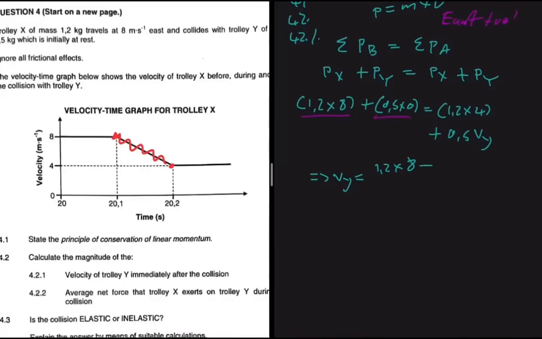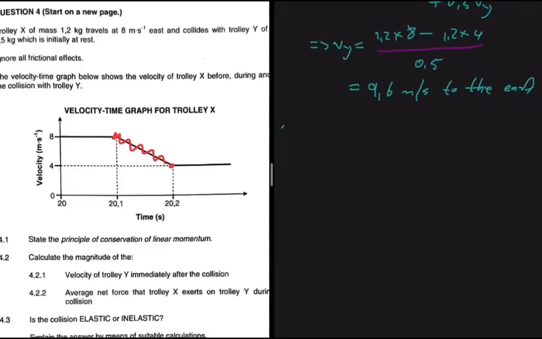And then minus this here, which is just 1.2 multiplied by 4, and then everything divided by the coefficient of Vy, which is 0.5. So if we put that in our calculators, we shall get Vy is equal to 9.6, right? We take direction to the east as positive, so this will be 9.6 meters per second to the east, right? To the east.